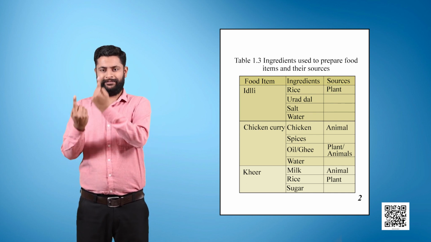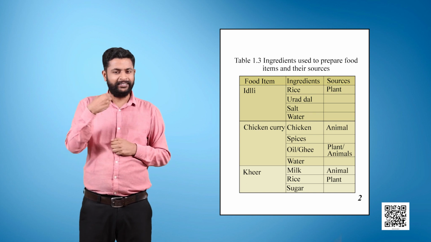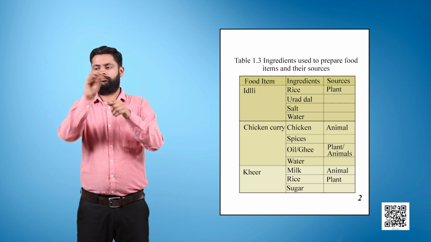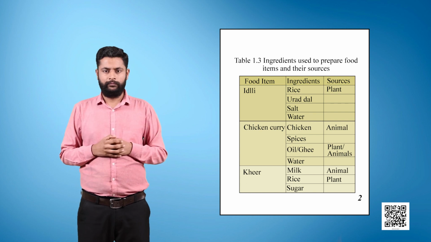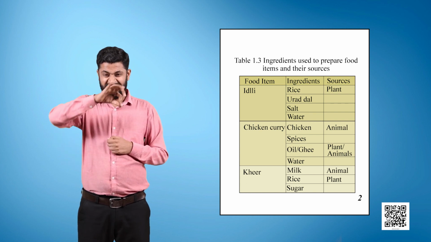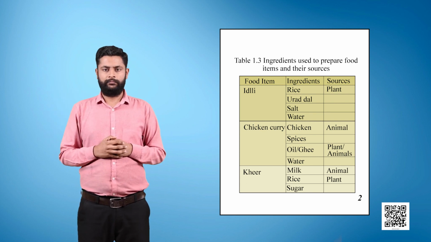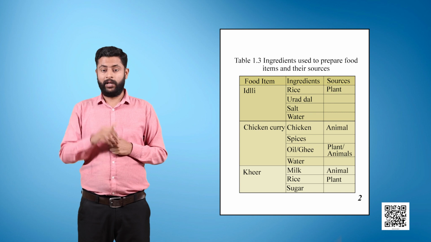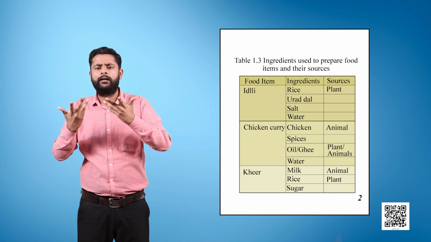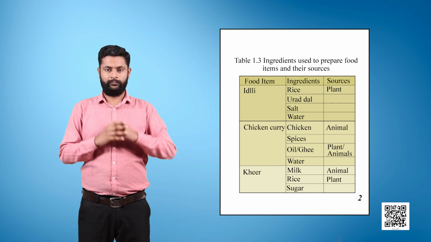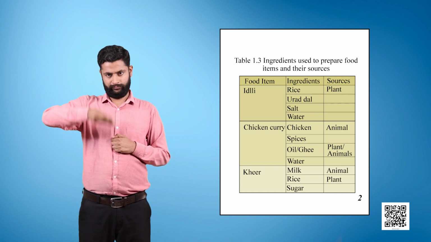Sources, plant. Ingredients, urad dal. Sources, blank. Ingredients, salt. Sources, blank. Ingredients, water. Sources, blank.